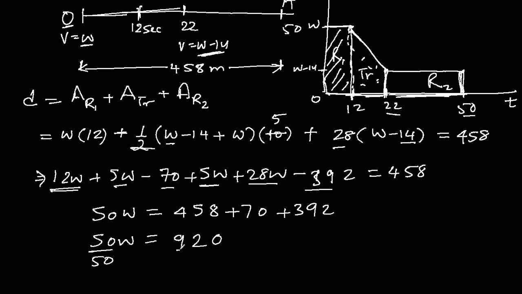Let's divide both sides by 50. So W comes out to be 18.4 meters per second.